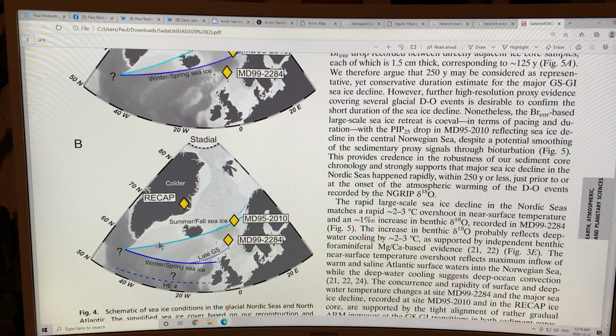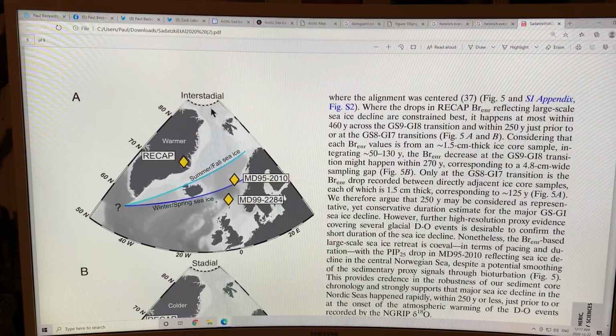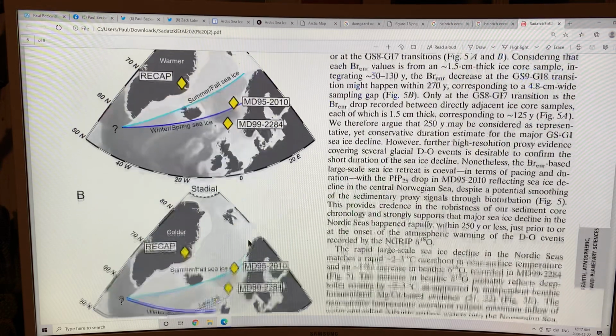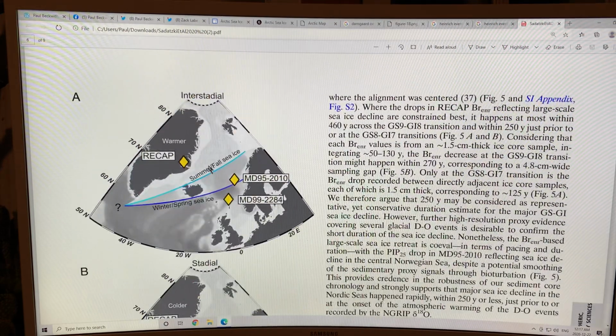This was the summer and fall sea ice boundary here, and this was the winter, and sea ice extended down to here. So this is the seasonal ice and the perennial ice. And then in the interstadial, when the temperature rose that large amount, the summer sea ice melted back a lot further.